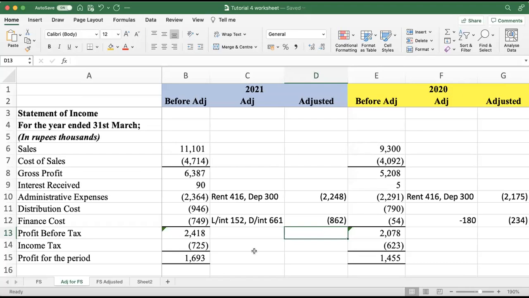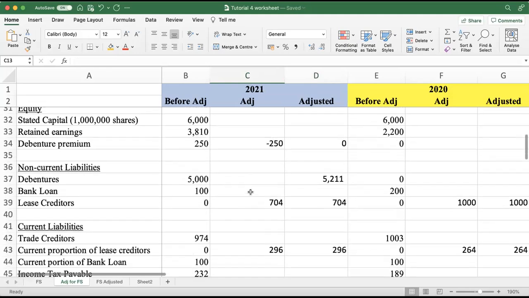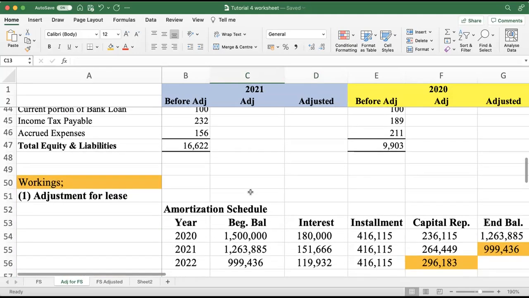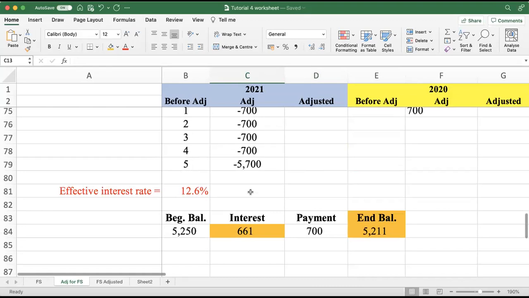Any question? Right. So these are the adjustments related to debentures.